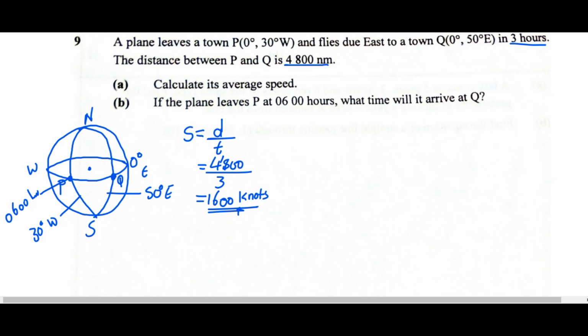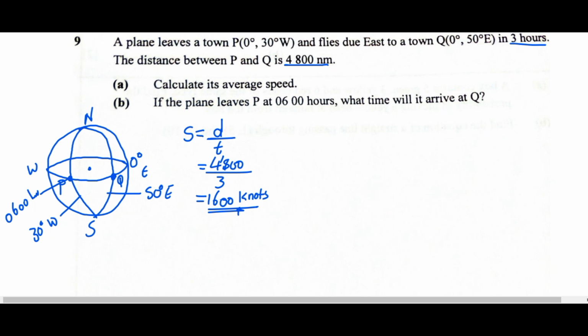So here we need to find... If the plane leaves P at 06 hours, what time will it arrive at Q? We are told the time taken for this plane to move from town P to Q is 3 hours.